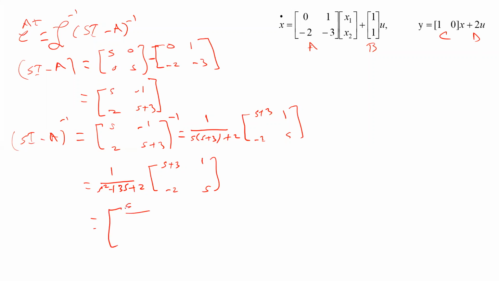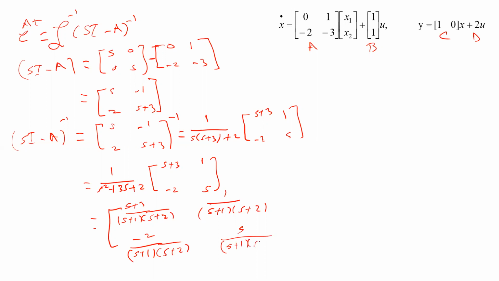So I'm going to have S plus 1, S plus 2 in the denominator, and in here I will have minus 2 over S plus 1, S plus 2. And finally, this is S plus 1. This is (SI minus A) inverse.